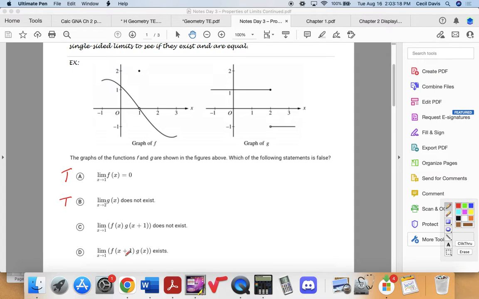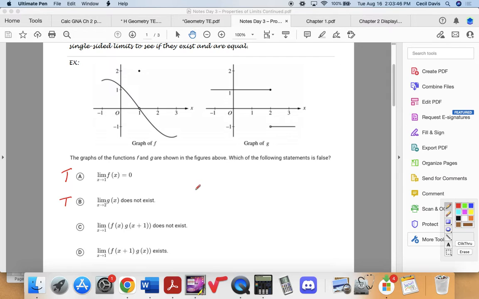Why doesn't that limit exist? Tell me specifically, using the right terminology. The limit of g of x as x approaches 2 from the left does not equal the limit as x approaches 2 from the right of g of x.